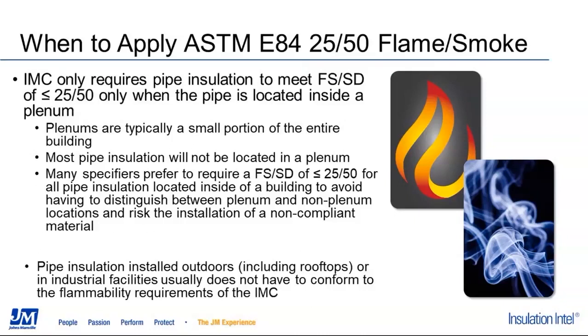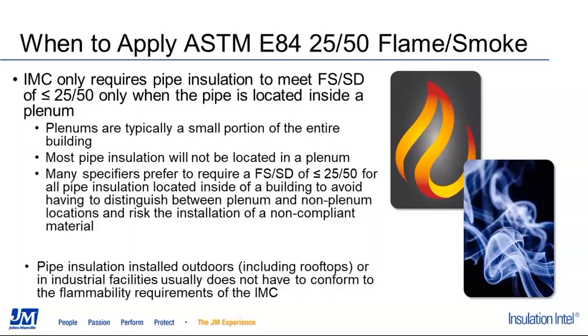It's important to note that plenums are typically a very small part of the building, and only a small fraction of the pipe insulation is located within a plenum. Most pipe and pipe installations will not be located in a plenum and would only require a flame/smoke of less than or equal to 25/450.